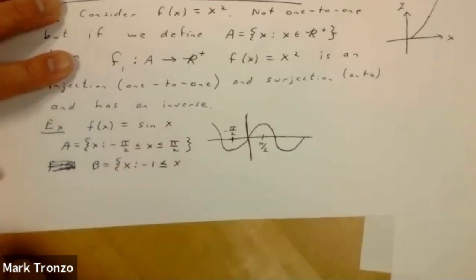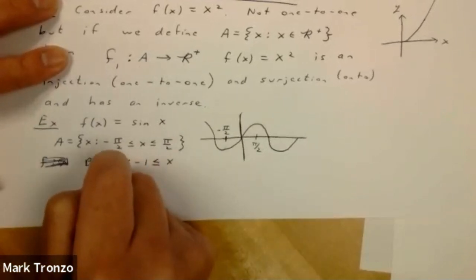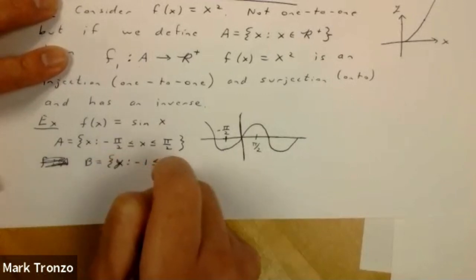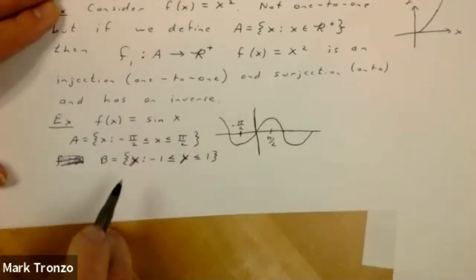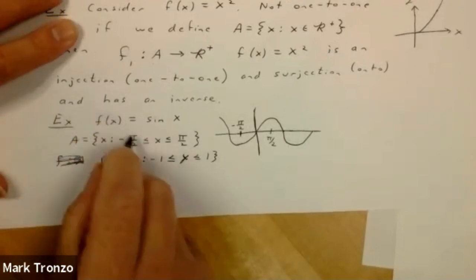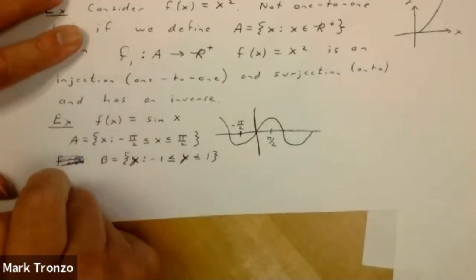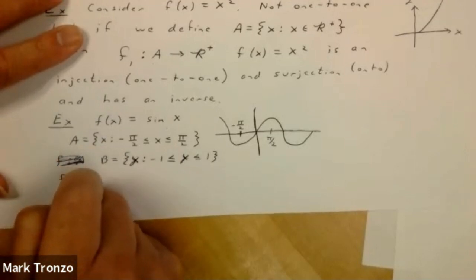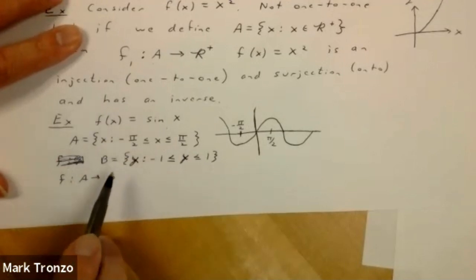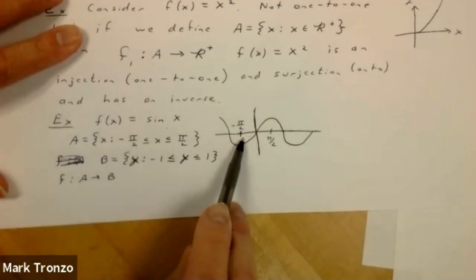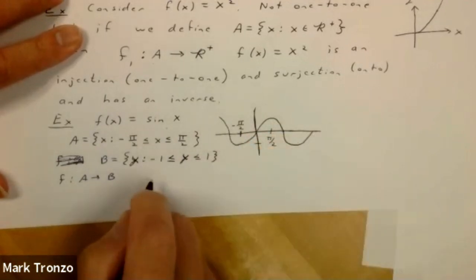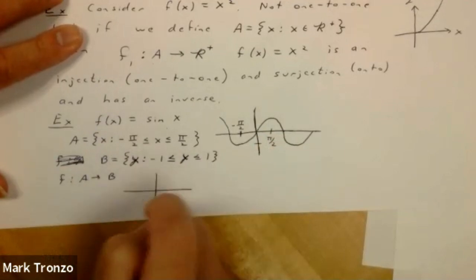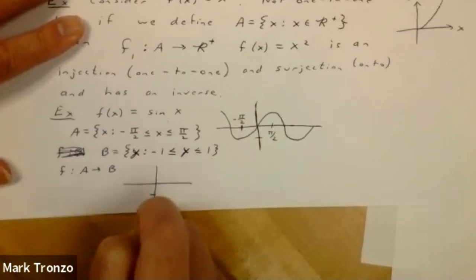It would be better to call these y, so you could really call these x if you want to. I'll call them y just to make it more obvious what we're doing. So if we define our function f(x) equals sine of x, and then say it's going to go from A to B, where B is from minus pi over 2 to pi over 2, then it's going to look something like this, isn't it?